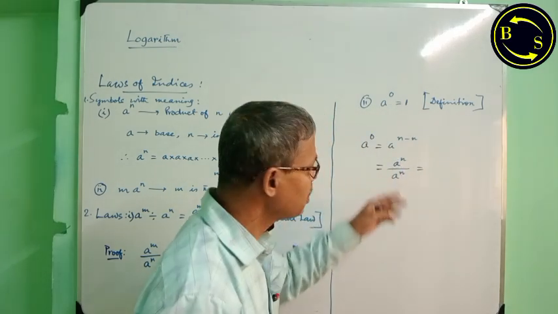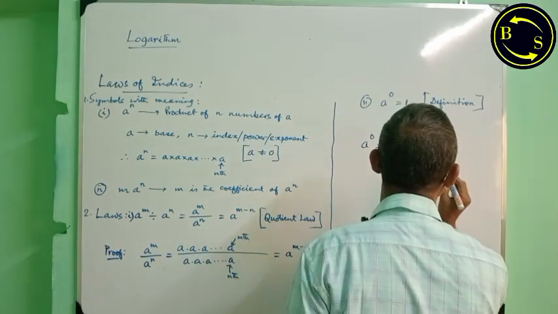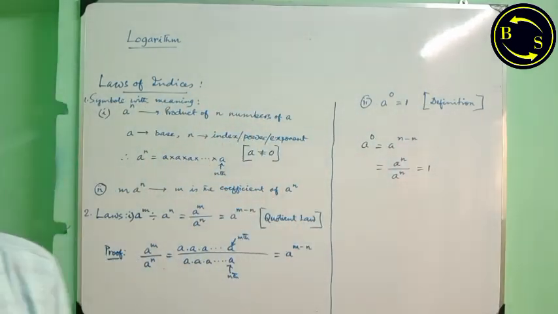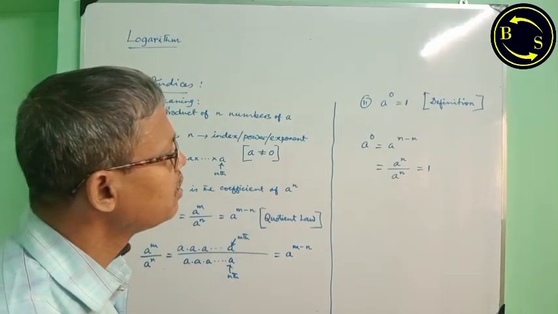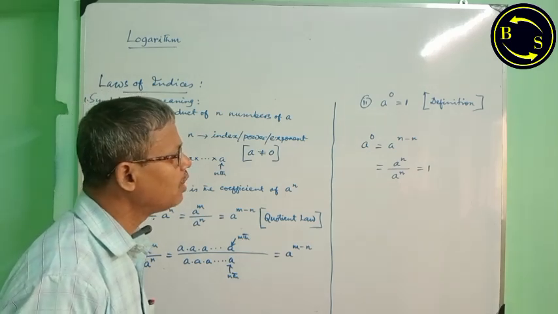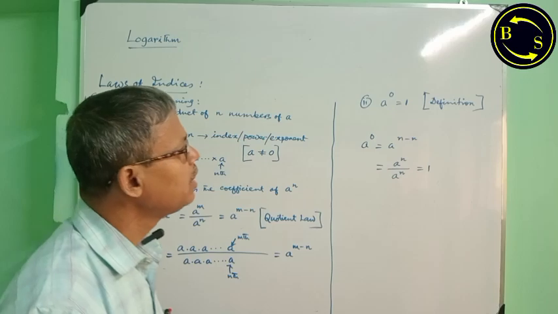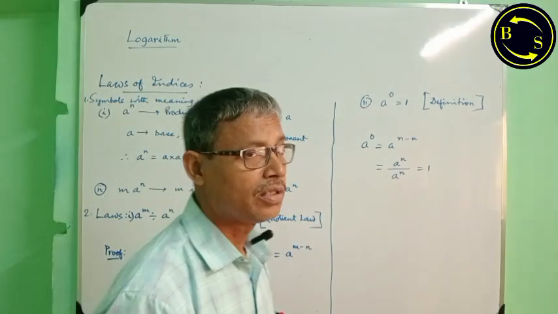Now, division of a number by itself, the result will be 1. In case of real or rational numbers, we explain this law or formula like this, but actually it is taken to be true always, that is why it is a definition.